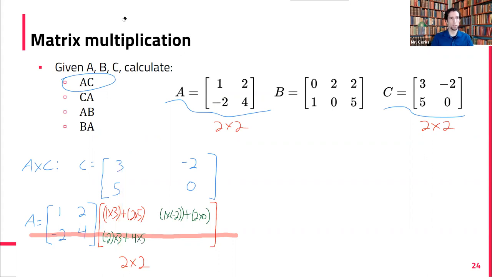All right, and then our last one, our second row and our second column. What are the operations here? -2 times -2, plus 4 times 0. So those are all the actual operations that we're doing to find out each of these positions. So now that's done.